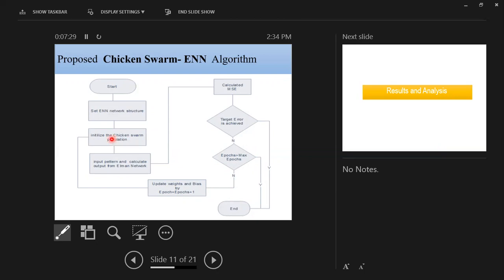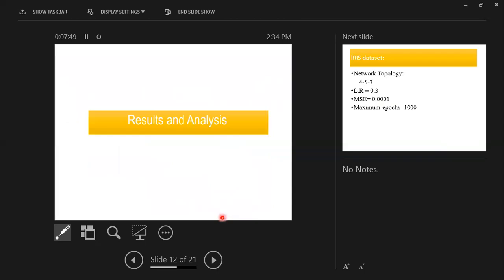Or, in another way, it starts with the Elman neural network structure, initializes the chicken swarm, and after that it inputs the pattern and calculates the output from the Elman neural network. After that it calculates the mean square error against the target error, checks whether the maximum epochs are reached, and at the end it ends. Now we are going to discuss the results and analysis.